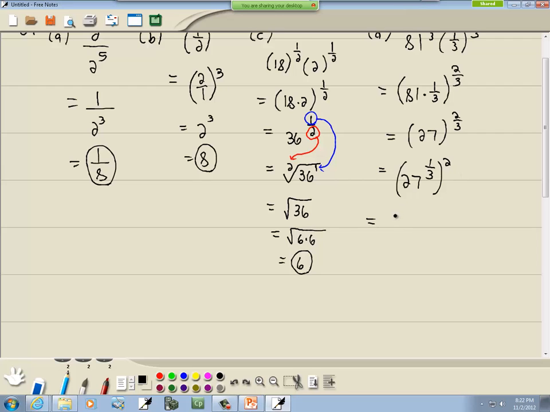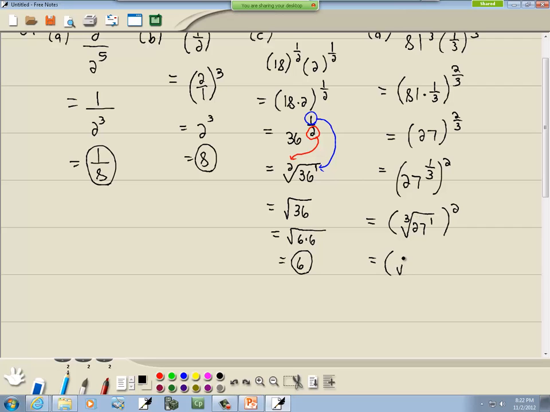Now 27 to the 1/3 is the cube root of 27. Remember, your denominator, the 3, is what goes in this little slot here. That's your index. The power, the 1, is what goes inside with your 27. Of course, 27 to the first is just 27.